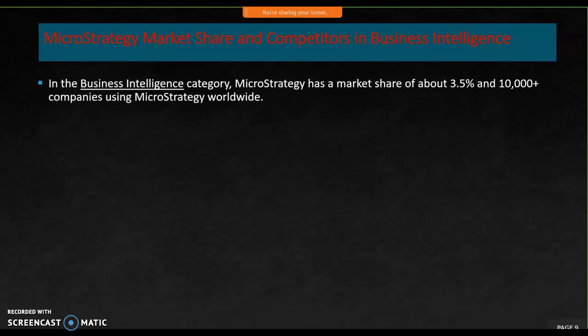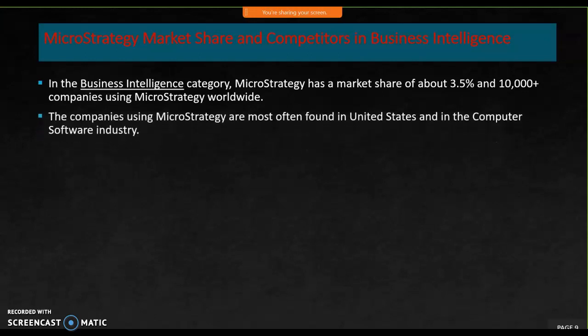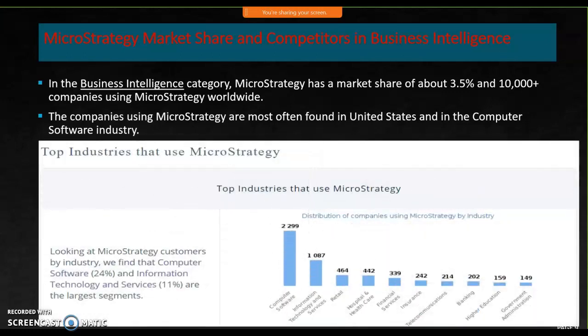In BI, MSTR has a 3.5% share, and over 10,000 companies use MicroStrategy worldwide, most often found in the United States in the computer industry. Below are the graphs so you can easily understand. This is the highest graph for the computer software industry, then information technology, retail, hospitals, financial and banking, and government bodies as well.